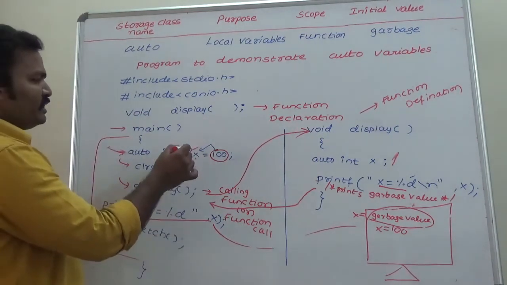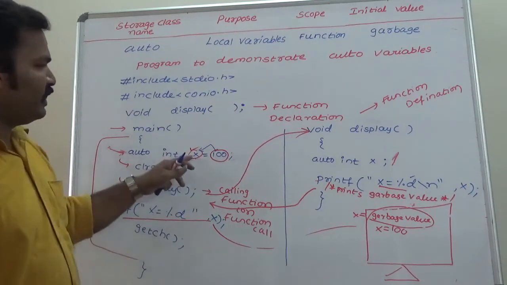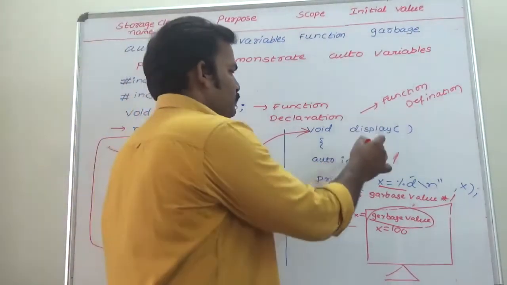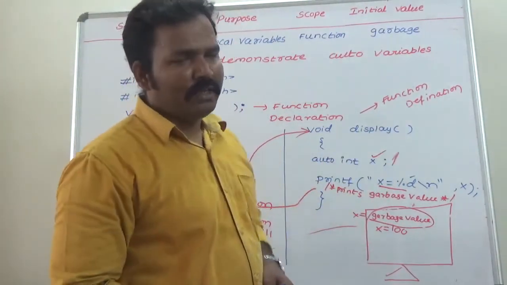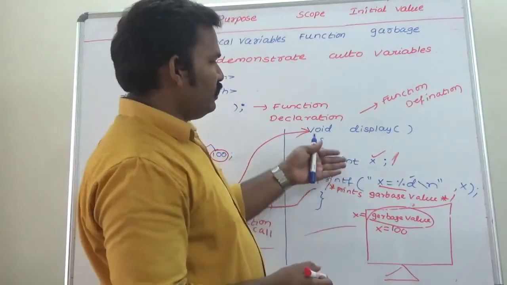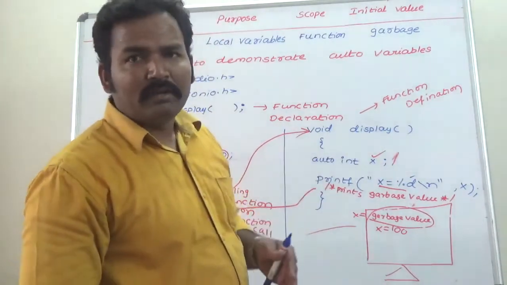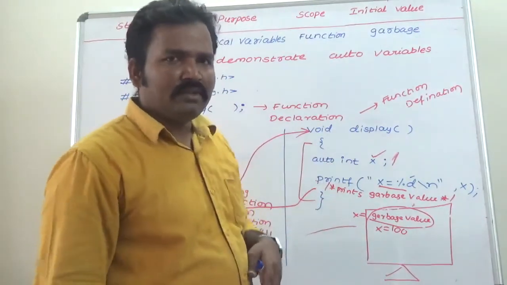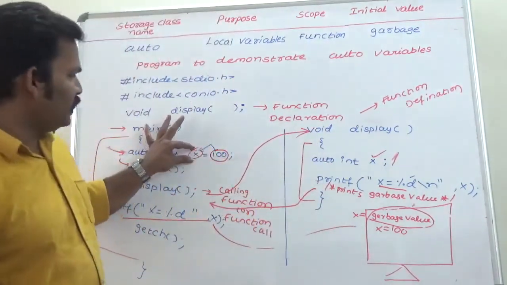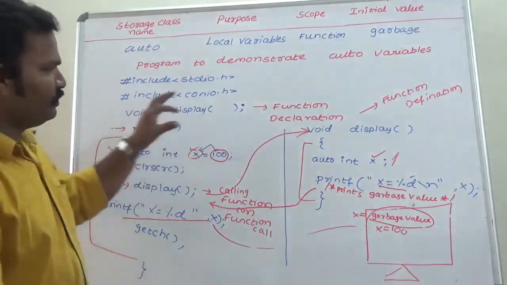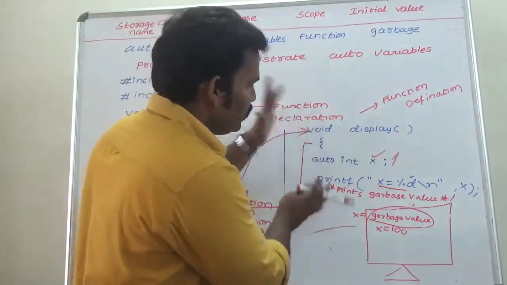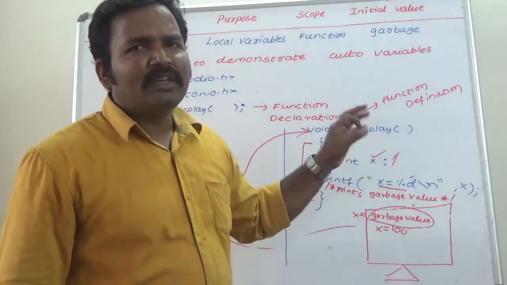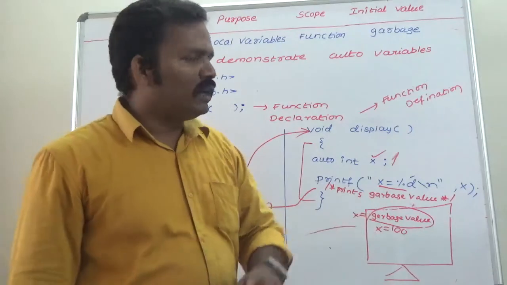We can't access this variable in the display function. Same as in the display function, x is an auto variable, and it can be used only within the display function. The scope of an auto variable is limited to the function only. When no data is given to an auto variable, it is automatically initialized to a garbage value.